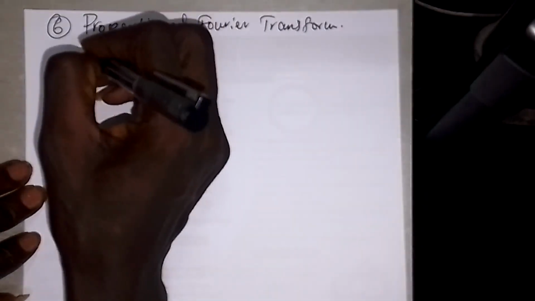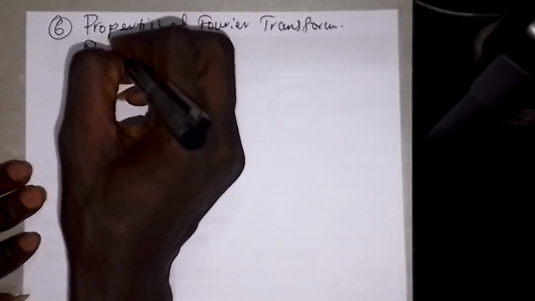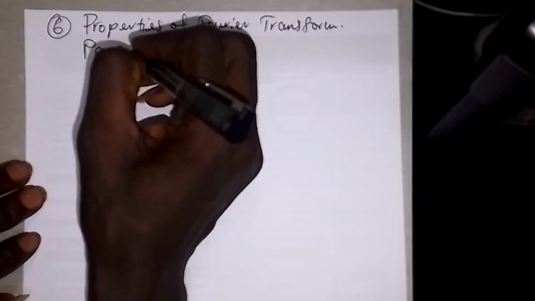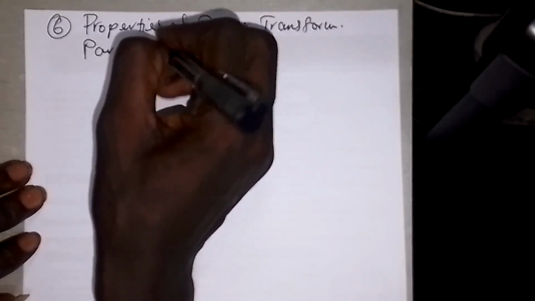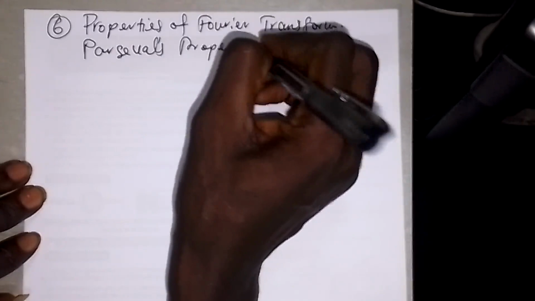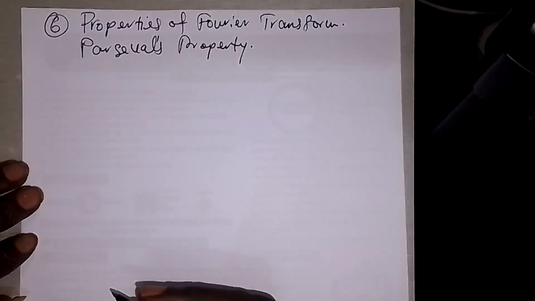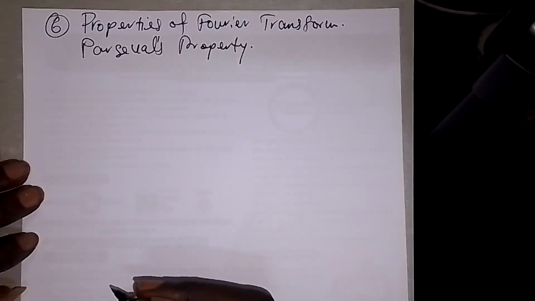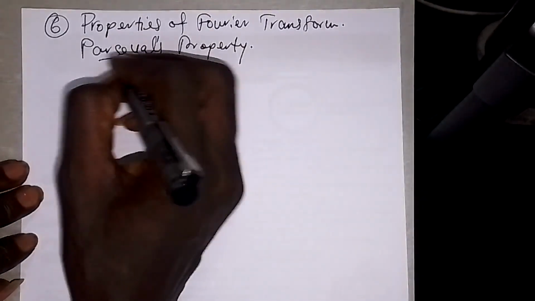And then we're going to consider Parseval's property. Parseval's property is a very important one, because it gives the energy of the signal in the time domain and in the frequency domain, okay? So let's go into this.